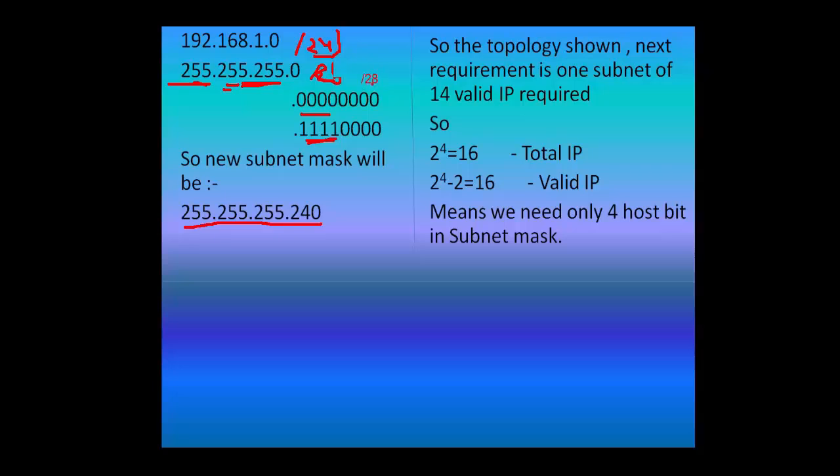Initially it was /24. So /24 represents how many network bits there are in a subnet mask.